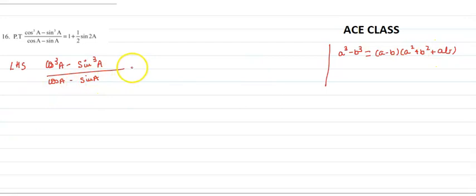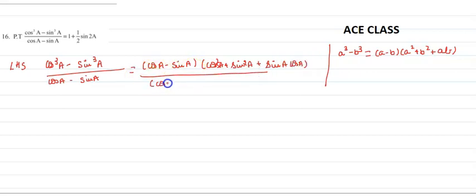So now I'll write cos cube A minus sin cube A as cos A minus sin A multiplied by cos square A plus sin square A plus sin A cos A, whole divided by cos A minus sin A.